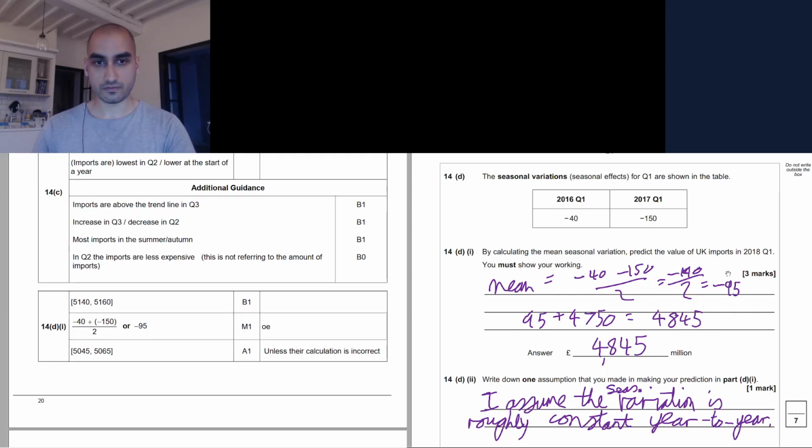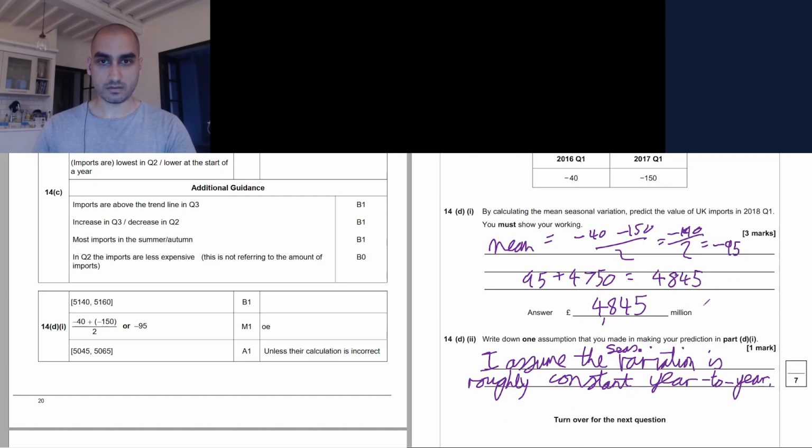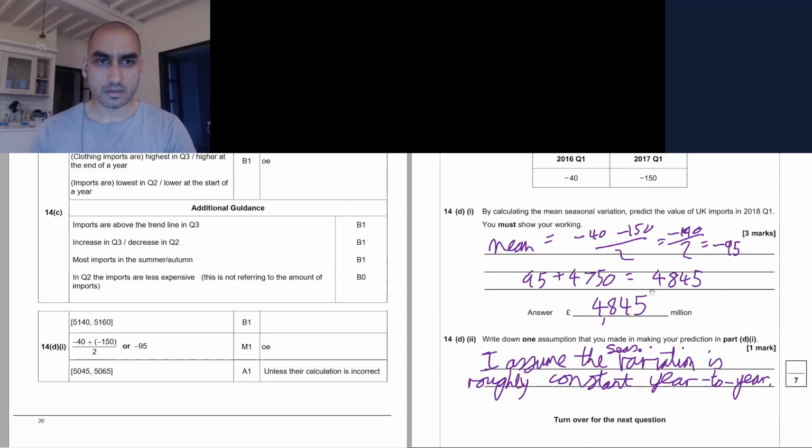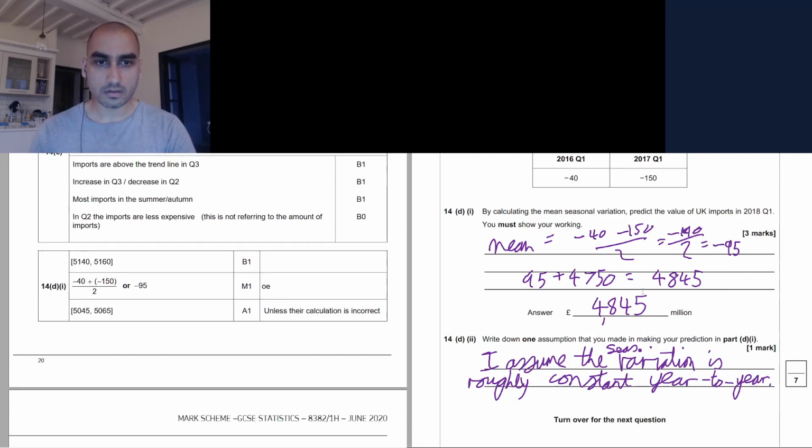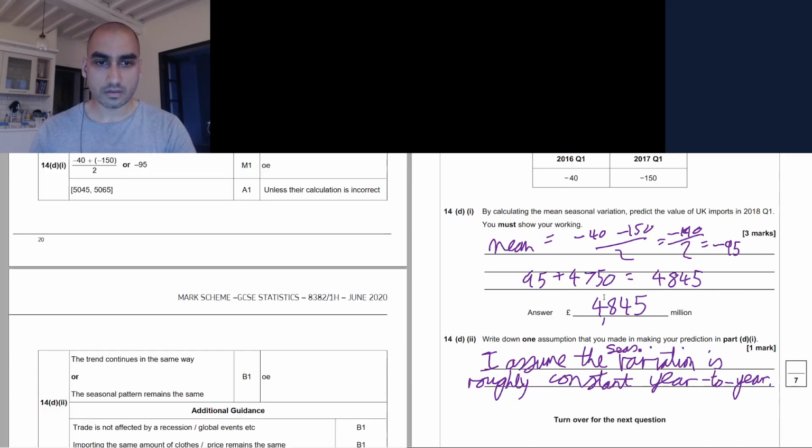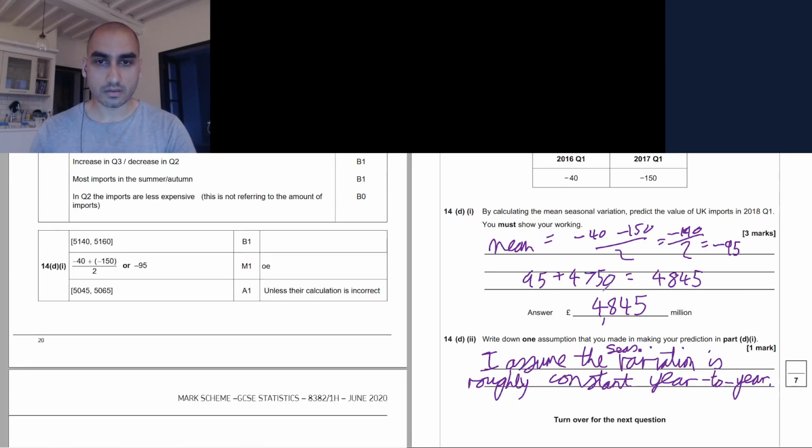4845. What? Oh no. Okay, so I got the wrong answer. What did I do wrong? So minus 40, minus 150 over 2 is minus 190 over 2 is minus 95.